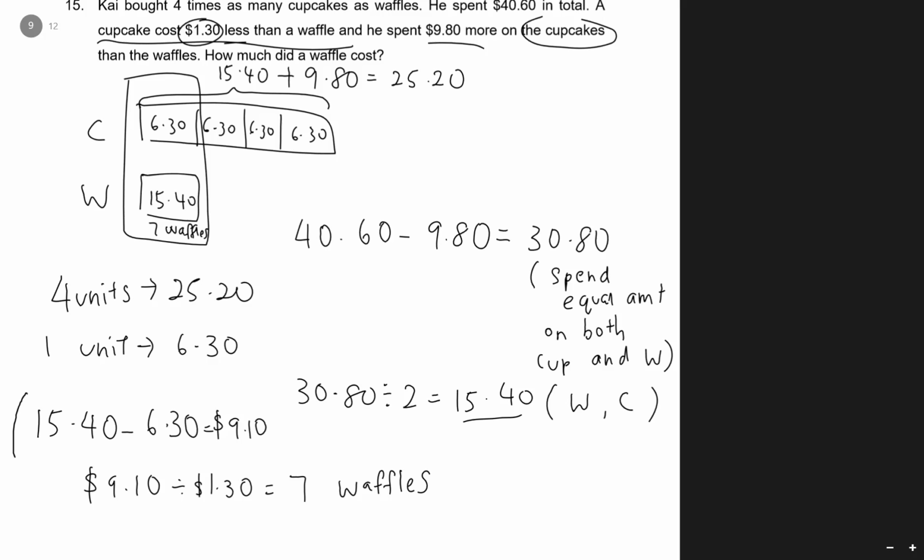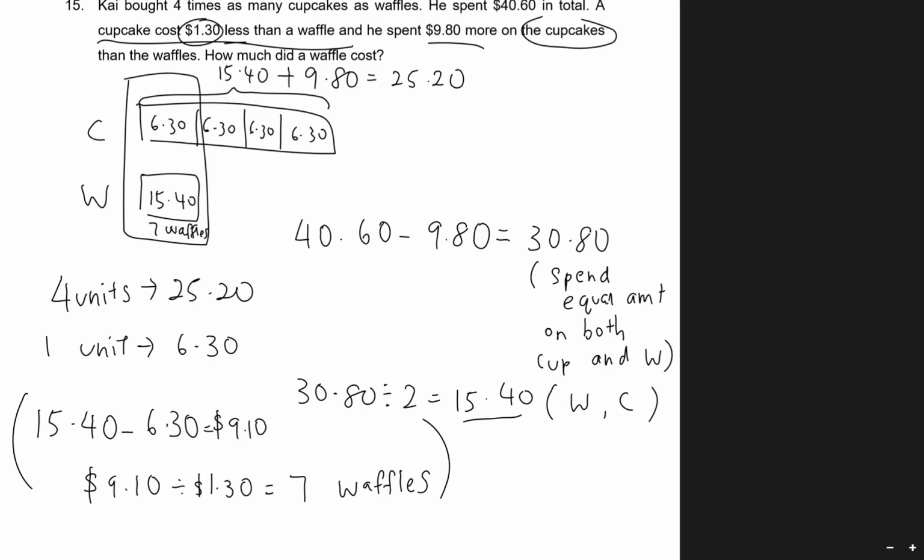Alright, this stage might be confusing for some of you. Let me repeat what I'm trying to say. For every 1 unit, I was just zooming in to look at 1 unit. If you buy 1 unit of waffle and 1 unit of cupcakes, the difference is, of course, you have to pay $9.10 more because the waffle is more expensive. So every 1 unit of waffle he's going to buy, he has to pay $9.10 more.